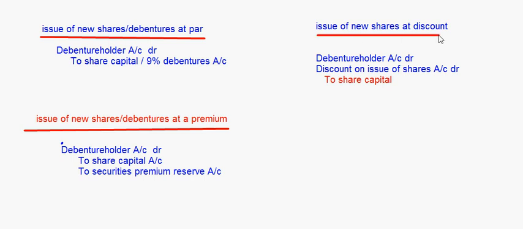So these are the three cases in which the new shares can be issued. So depending on how the new shares are being issued, whether being issued at par or at premium, we'll be doing this.